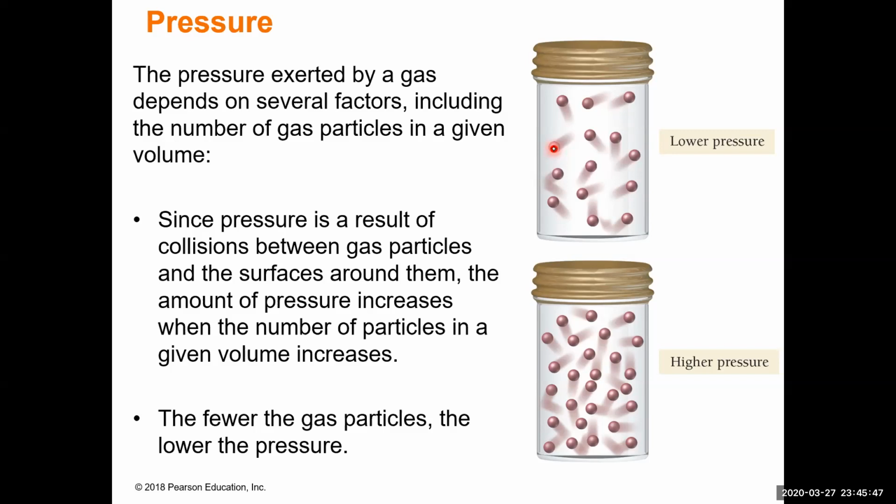And because of this will give a lower pressure as compared to our bottom figure. In our bottom figure, our container now has more gas particles, which will have now more collisions with the surface. And because of these higher collisions with the surface, we'll have a higher pressure.